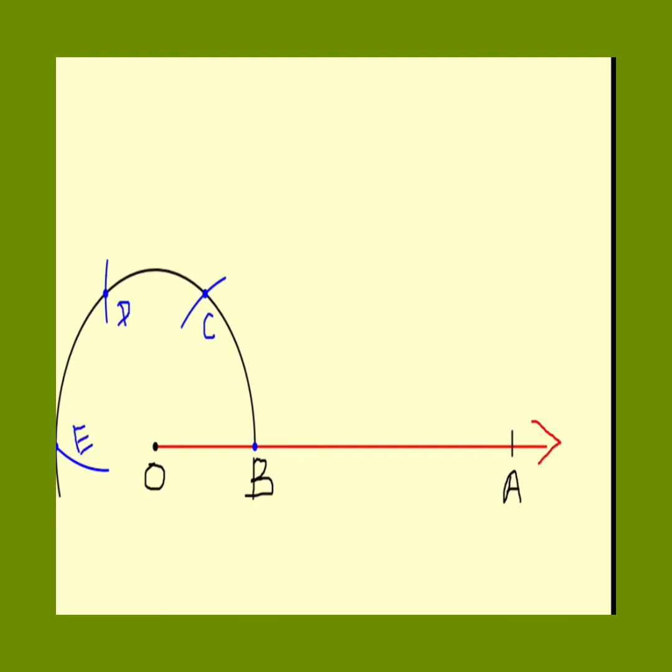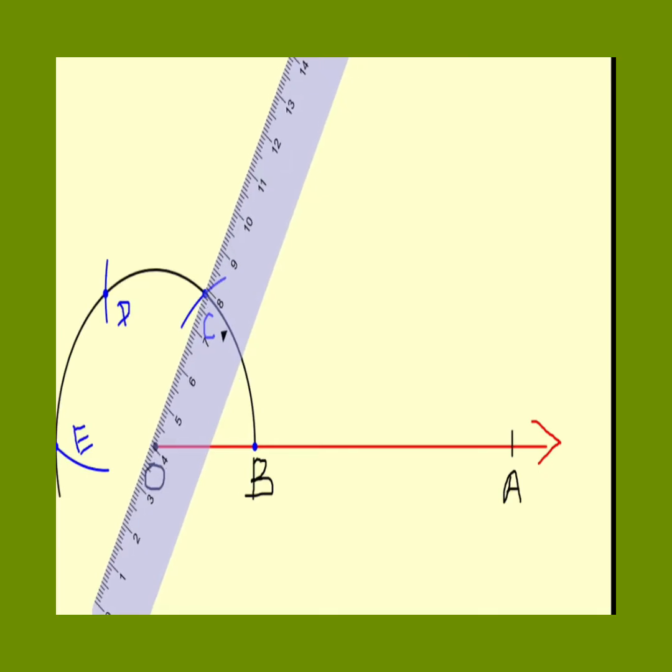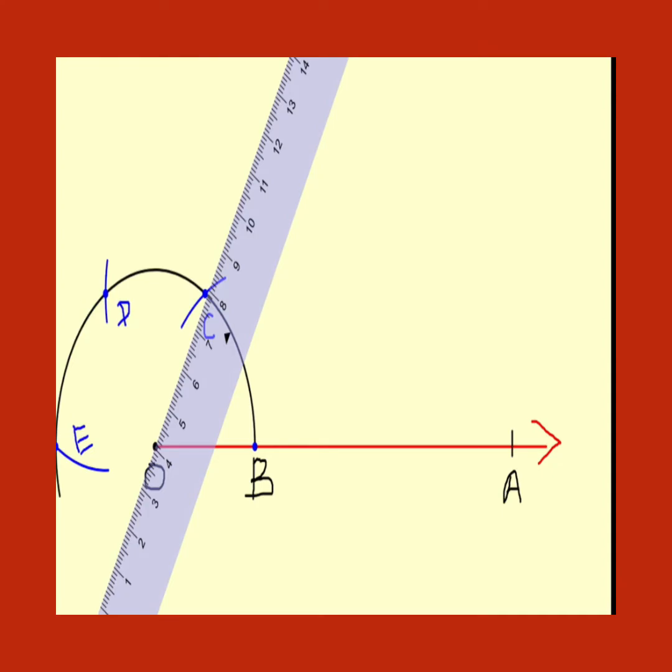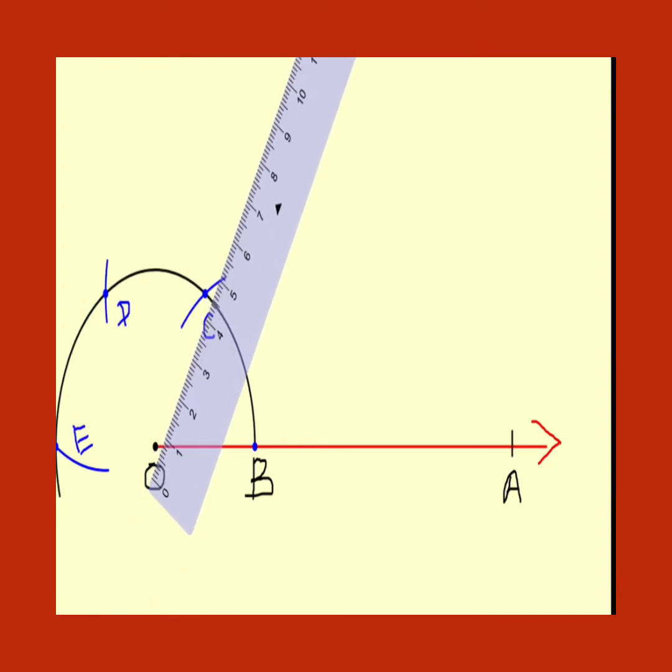After that, what to do? You can observe that point C, the intersection point on the semicircle, makes an angle of 60 degree if you draw the line segment joining O to C. So this is angle 60 degree, the very easiest thing.